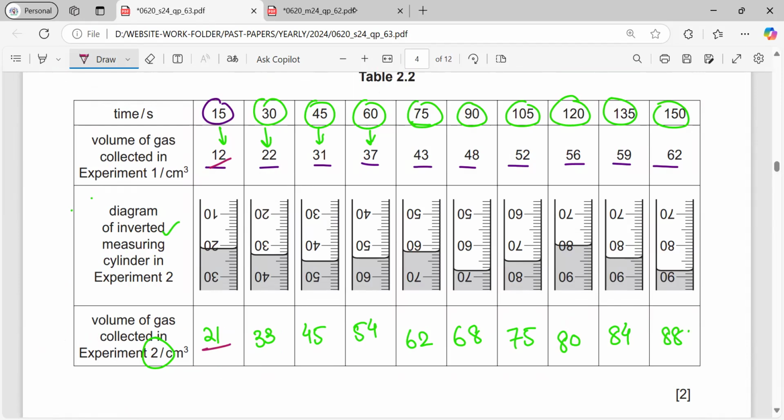At 120 seconds, the volume is 56 and 80.